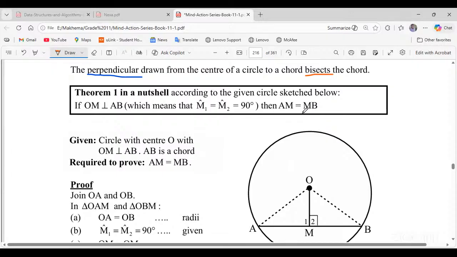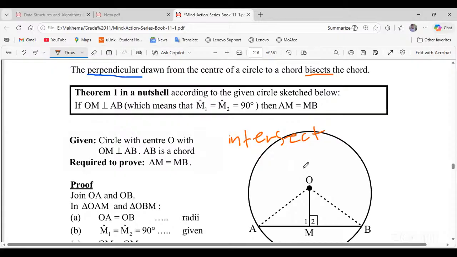Before we go to the word bisect, let's first understand the word intersect. What does intersect mean? Intersect means cut each other, meet each other, crossing each other.